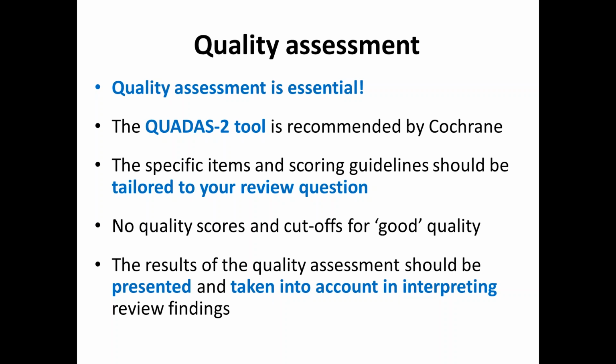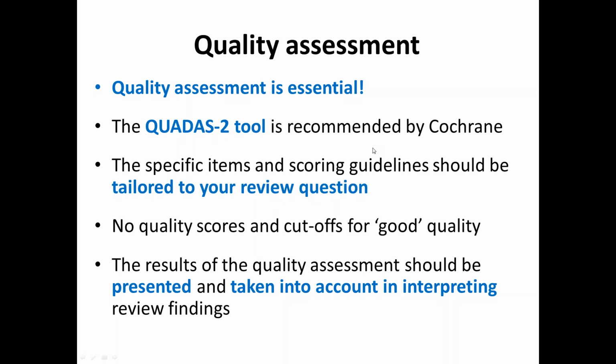It isn't a tool which gives quality scores. There are no magic numbers to say a study's a good study or a bad study. It's the same for DTA studies as for randomized trials. But the quality assessment helps us think through the limitations of the evidence, and it should be presented and taken account of in interpreting review findings.